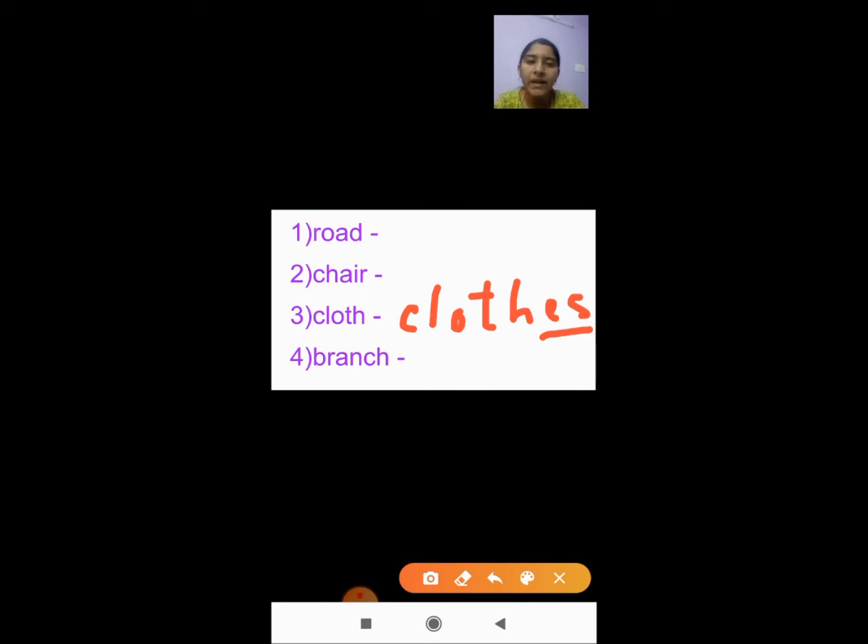When you want to make it plural for cloth, you have here H, right? Whenever you see H, what I told, we have to add ES to the word. You have to write the full word and add ES to it. Whenever the last letter you see is H, then you will just add ES to it. Okay, X or H. When you see it, you have to add ES to it, right?